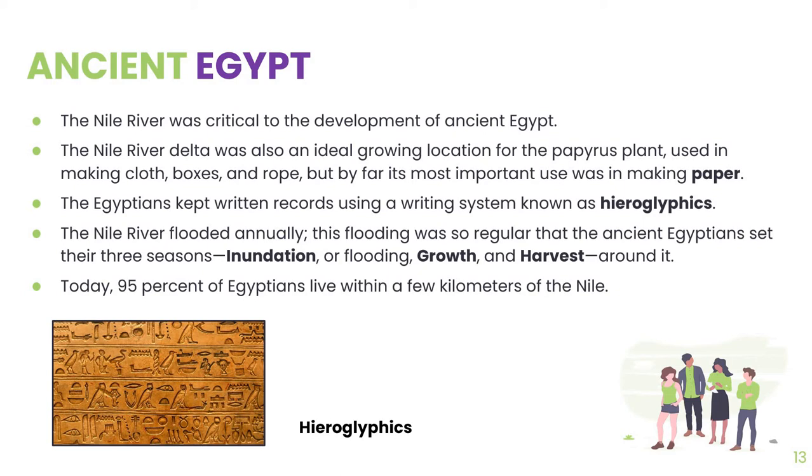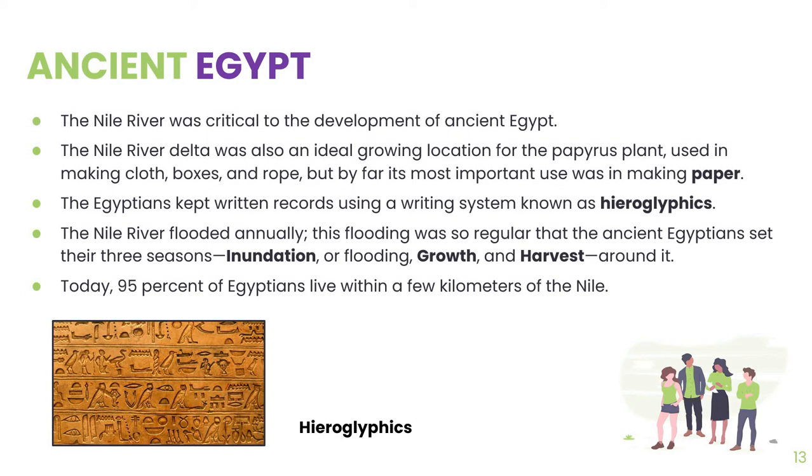So, the Nile River Delta was also an ideal growing location for the papyrus plant. So, we all know, it's common knowledge, that paper was invented, or first used, in ancient Egypt. So, this plant was used in making cloth and boxes and rope, but by far its most important use was in making paper.